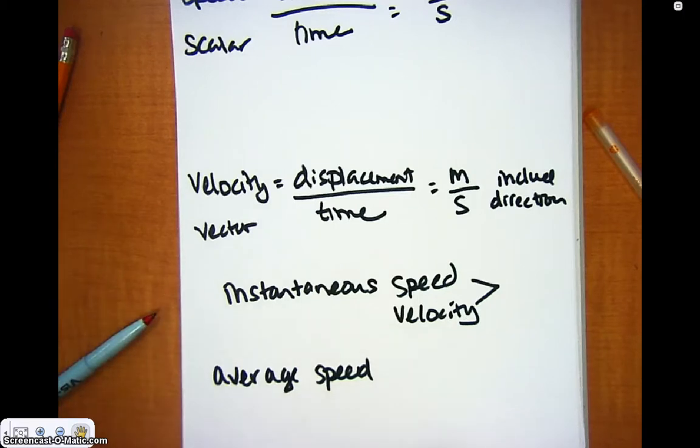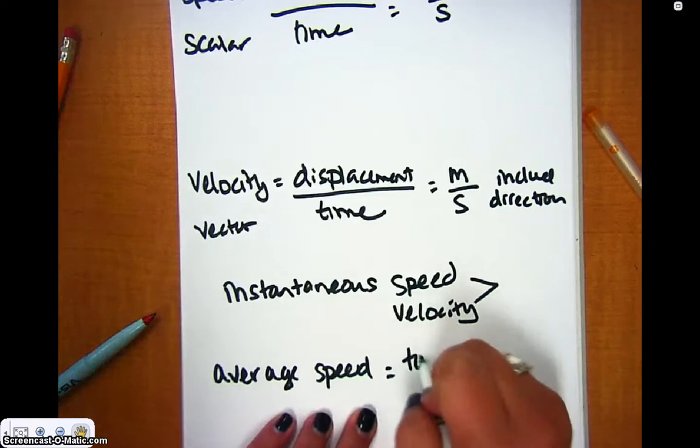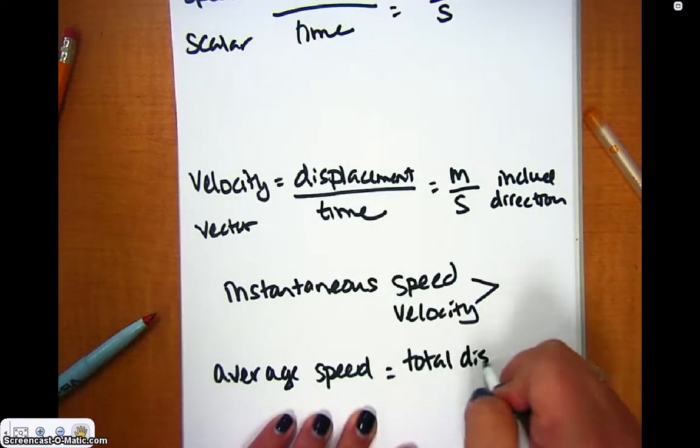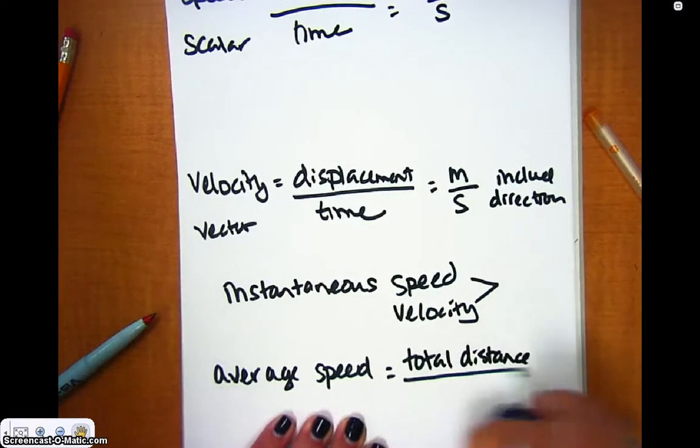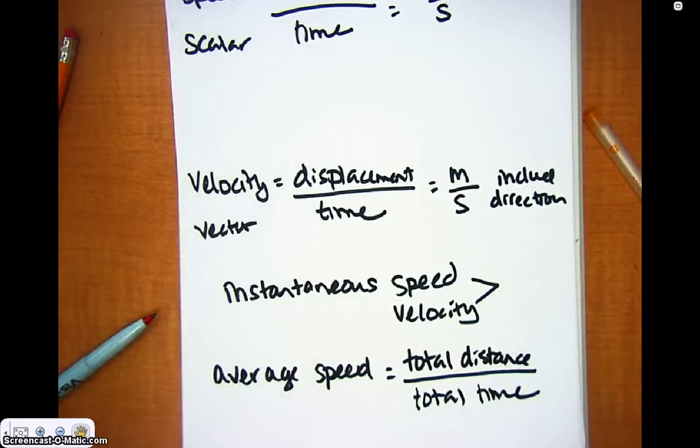So when you calculate average speed or average velocity, we can kind of use those interchangeably. What you do is you put the total distance on top, and you would put the total time on the bottom. So, even if for a part of the trip you're not even moving, for like 2 hours you're not moving, that's included in the total time.